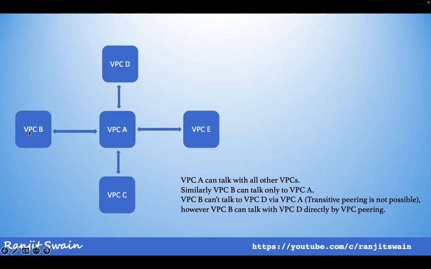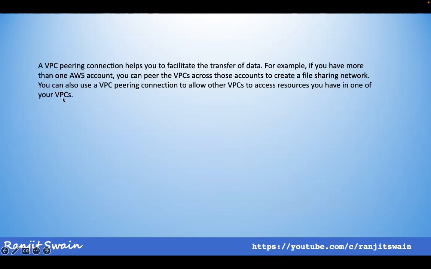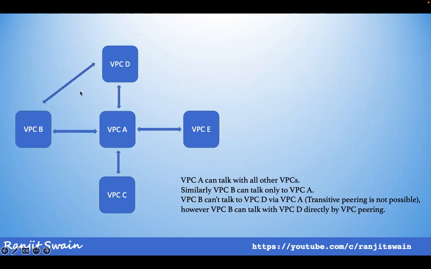VPC A can peer to VPC B directly, to D, to E, to C. However, VPC A cannot connect to VPC D using VPC B. If you see this other diagram, this one is not possible. Through VPC A, B to D is not possible.